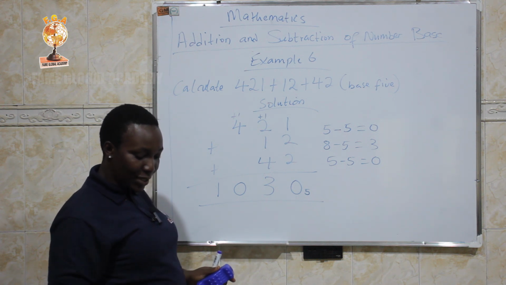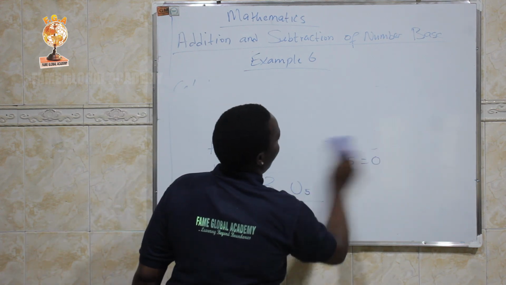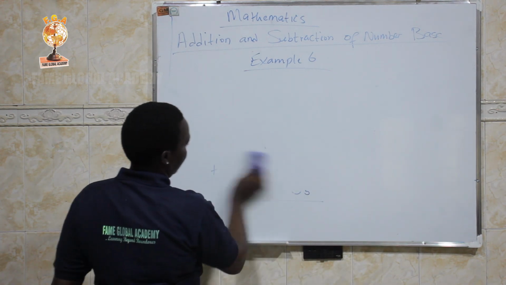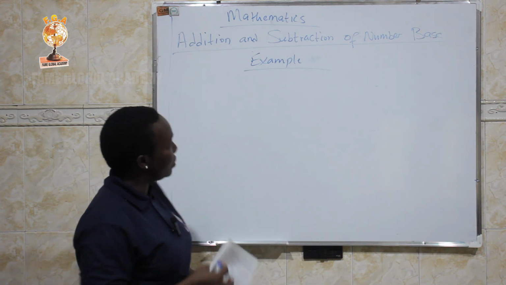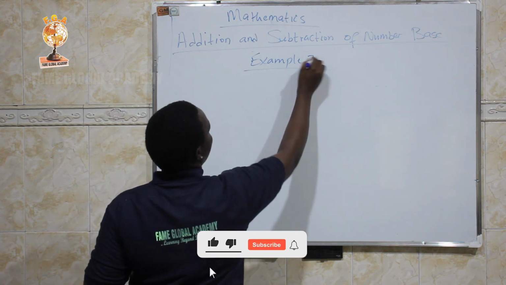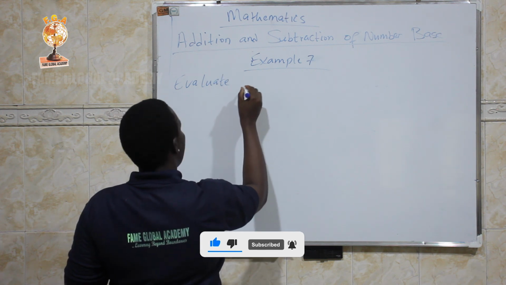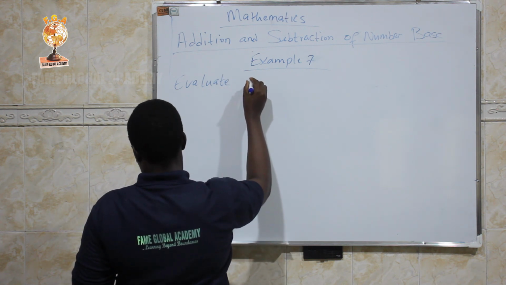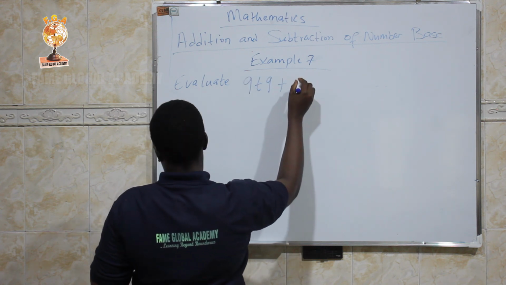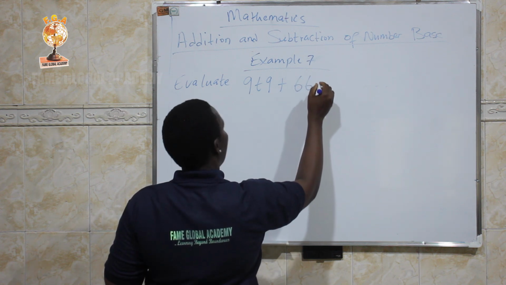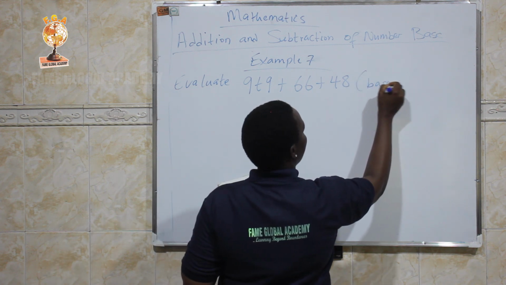This one is a little bit different from what we have been doing. Example 7. The question says evaluate 99 plus 66 plus 48 in base 12.